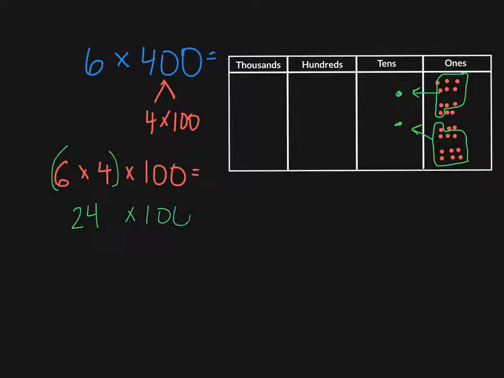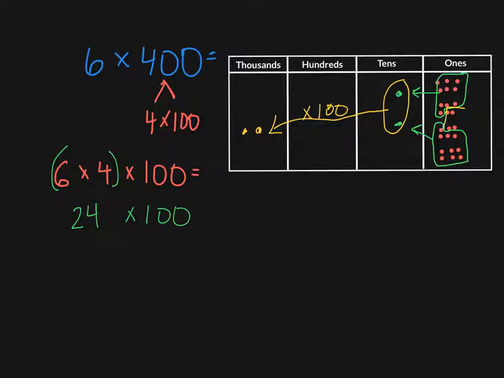Now I have to take that 24 and multiply it by 100. So I'm going to take these 2 tens and I'm going to multiply them by 10 and by 10 again. So I'm hopping over 2 places on the place value chart. And those 2 tens become 2 thousands.